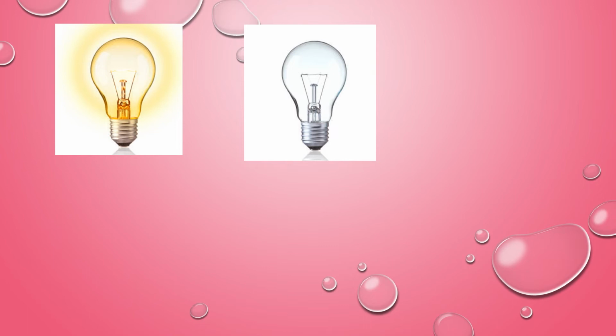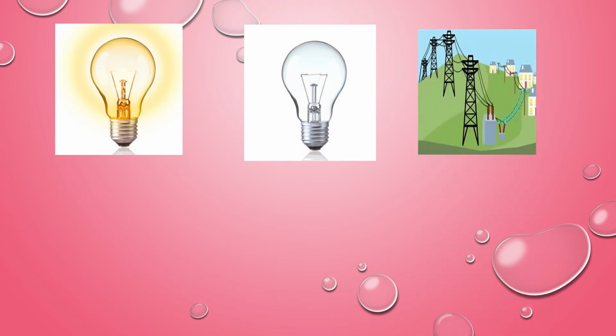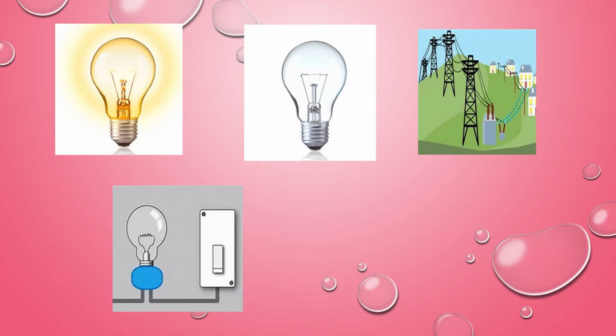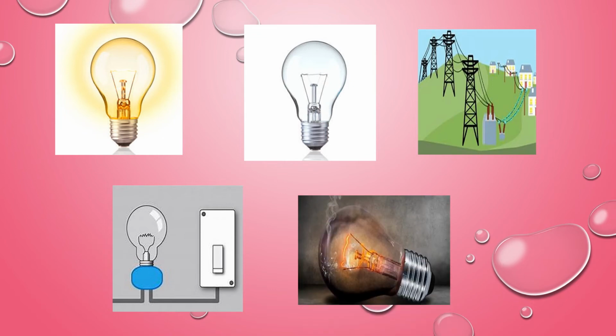Why is the light bulb out? And you come up with possible guesses. Like it may be a problem of electric failure, it may be a problem with your switch or the wiring, or the light bulb may be burnt out. So you have several guesses and these guesses are called hypotheses.